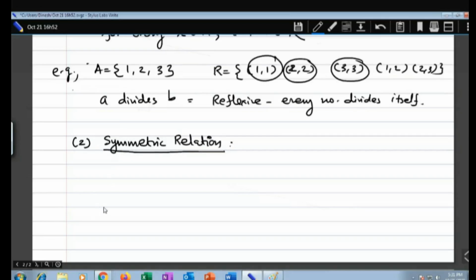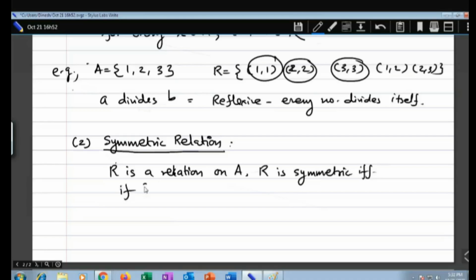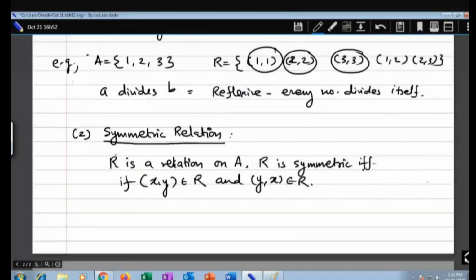Let R be a relation on set A. R is symmetric if and only if, when (x, y) is in R, then (y, x) is also in R. So if (a, b) is present in the relation, then (b, a) must be present too. Then and only then is it said to be symmetric.